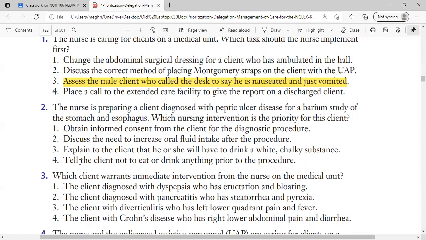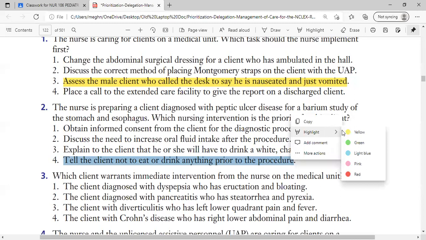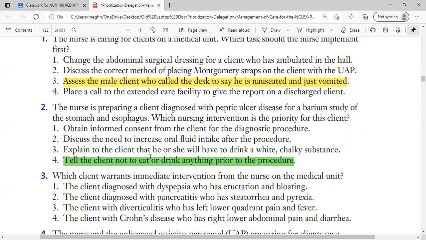Number four, tell the client not to eat or drink anything prior to the procedure. So this is the answer. Again, why is this the answer? If my patient eats something, the whole procedure will be stopped. If my patient eats, we will not go for the barium study.